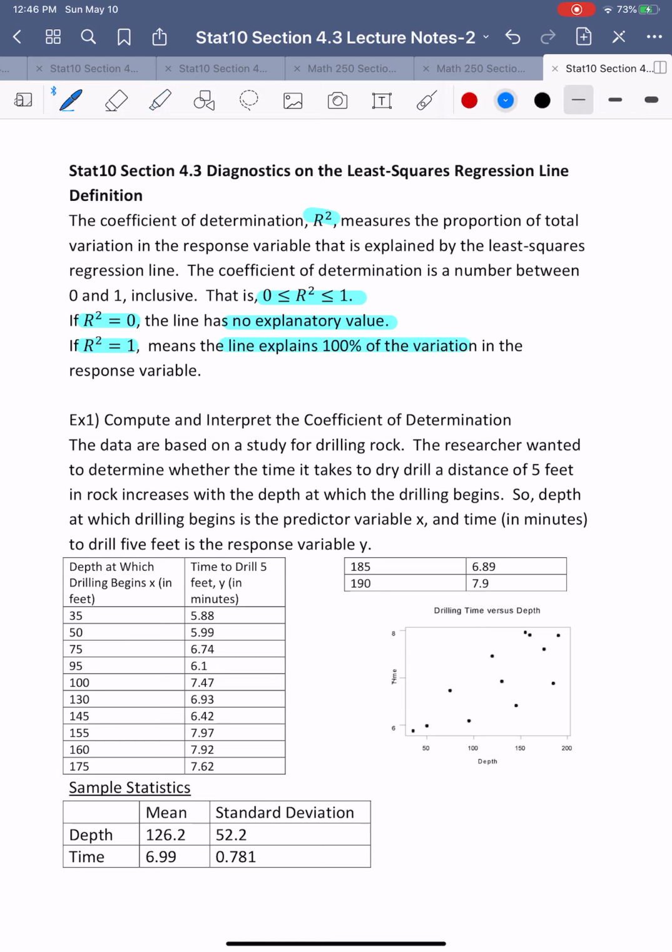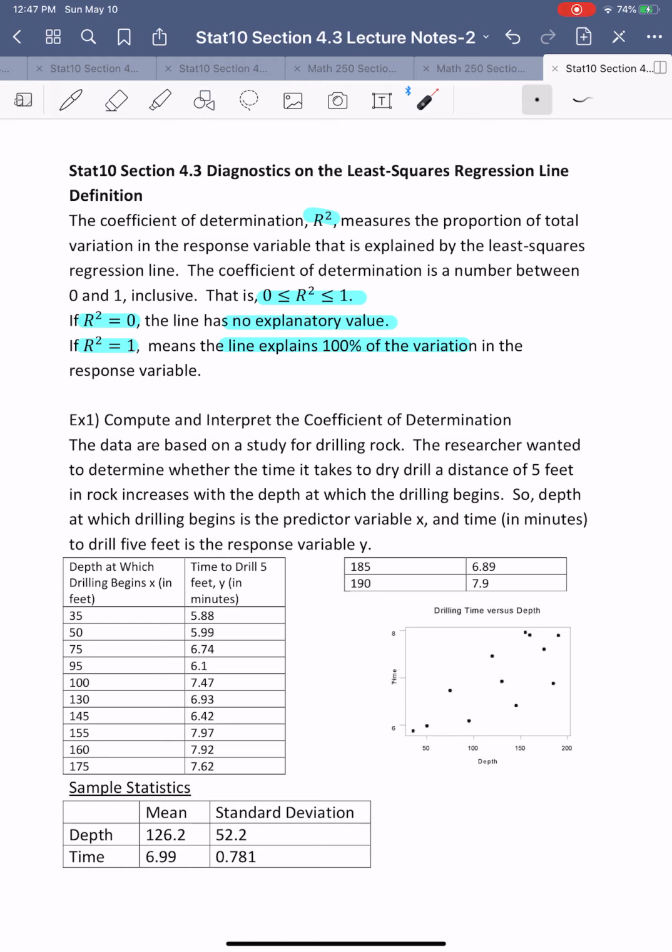Example 1: interpret the coefficient of determination. The data are based on the study of drill and log that we did earlier. The researcher wanted to determine whether the time it takes to drill a distance of 5 feet in rock increases with the depth at which the drilling begins.